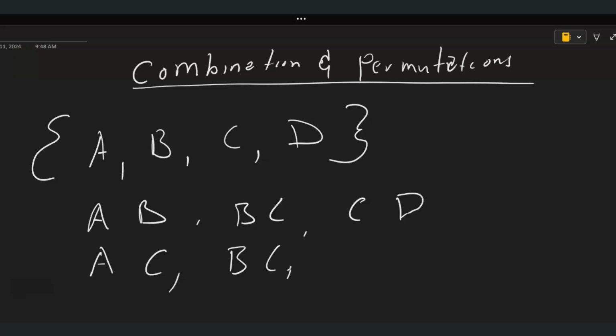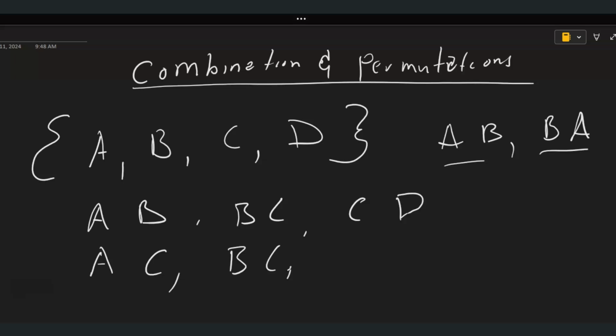So basically, these are different ways I can select 2 items or 2 letters from this particular group of items. Now, under combination, order doesn't matter. So if I select A, B, and in the second round I select B, A, I don't care about the order. This is the same as this one.